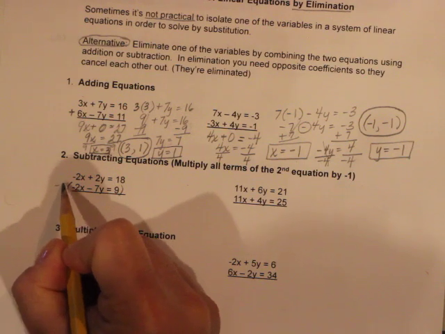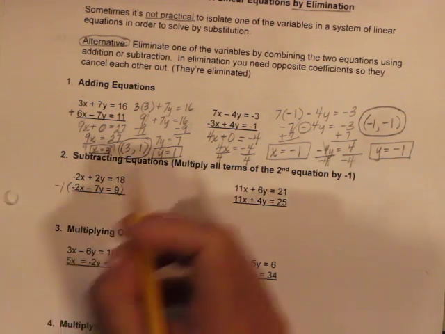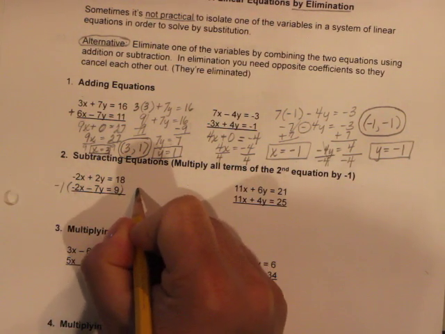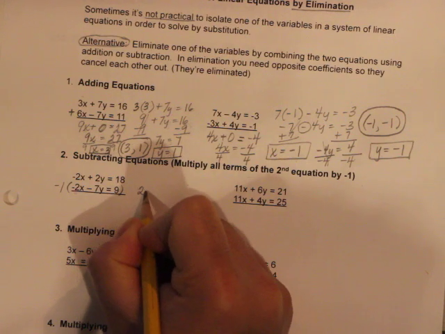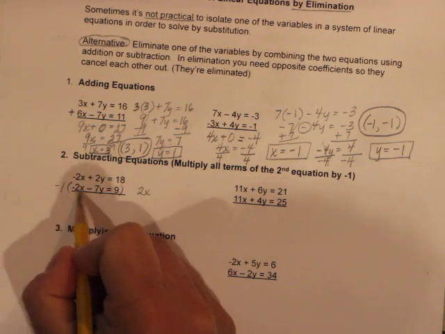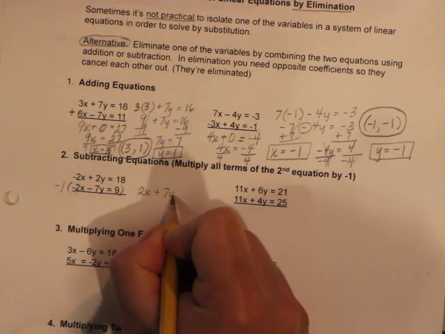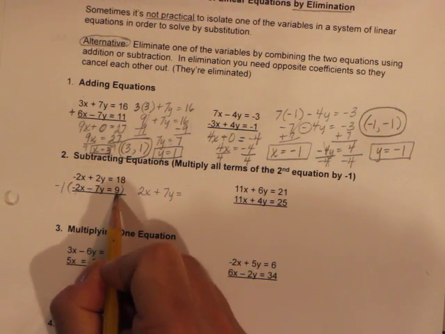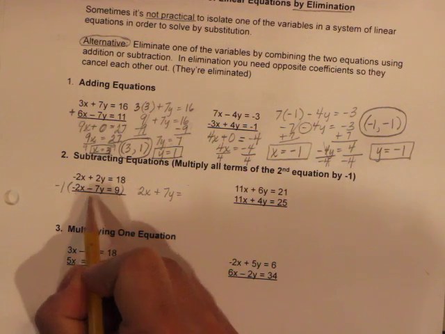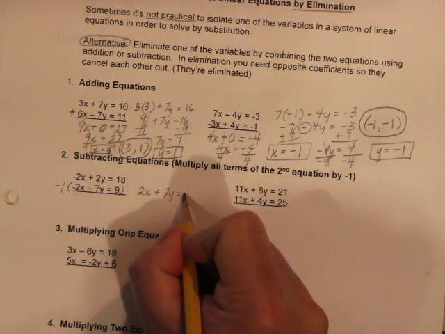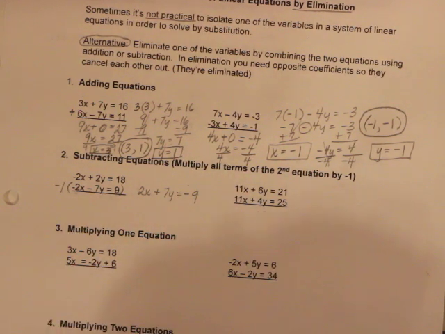So if I multiply this entire equation by negative 1, the whole thing, I will end up with the bottom equation here of 2x plus, remember this negative 1 is going to change this sign here, plus 7y equals, now be careful, I got to multiply this by negative 1 also, every single term in the equation, and I get negative 9.